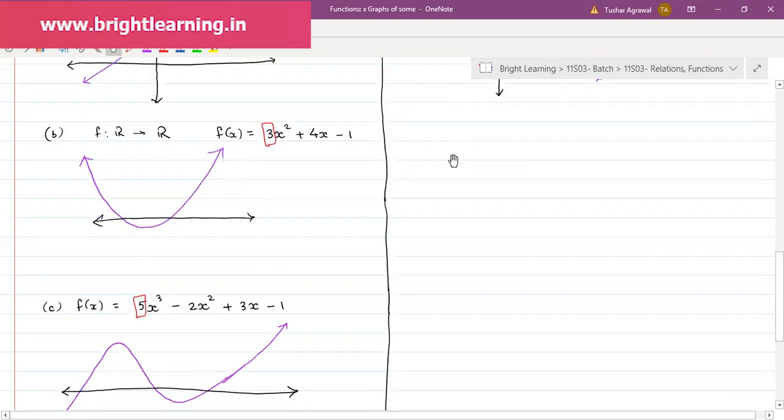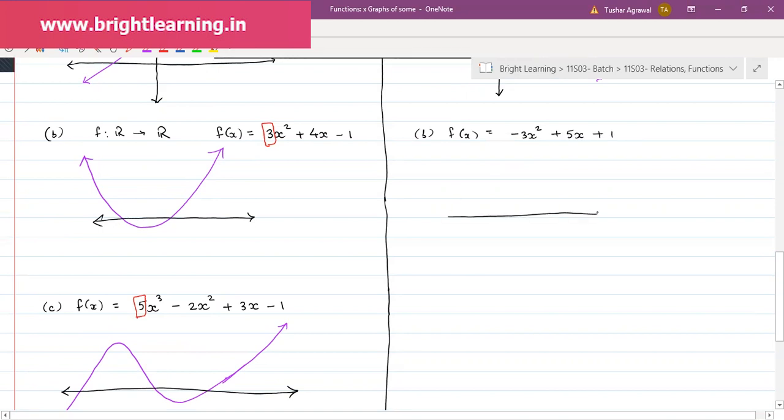Okay. Then for f(x), second, f(x) is equal to minus 3x square, and the remaining terms I'm taking on my own, plus 5x plus 1. Whether it will cut the x-axis or not, right now I'm not checking those points.